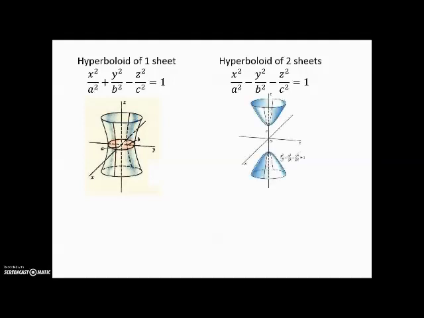Now notice the little tiny equation down there by the picture starts with z squared over c squared, and this one has to start with the axis that it's wrapping around. So if we use the larger equation with the x squared first, then these two surfaces would be sitting on the x-axis, not the z-axis.